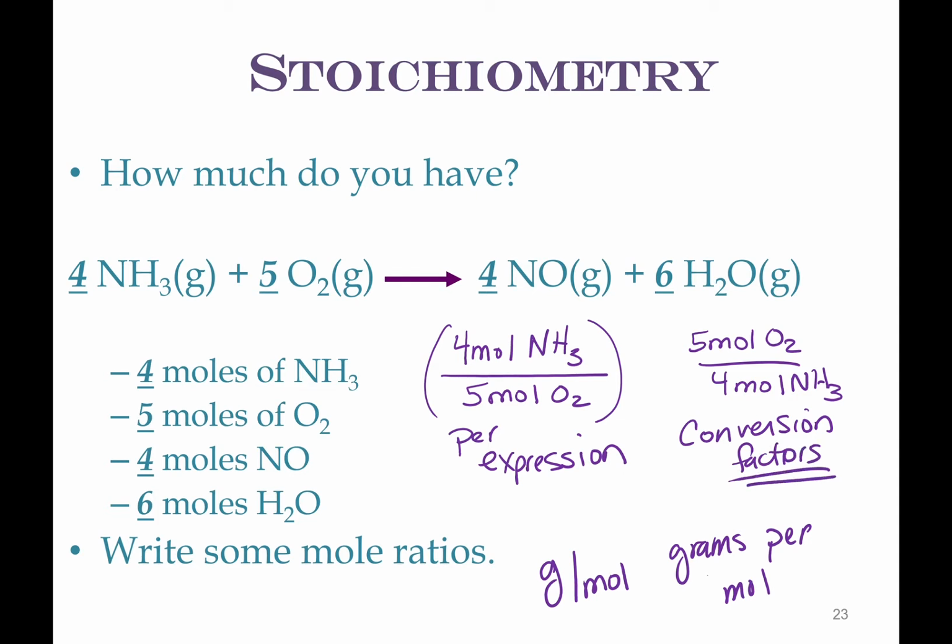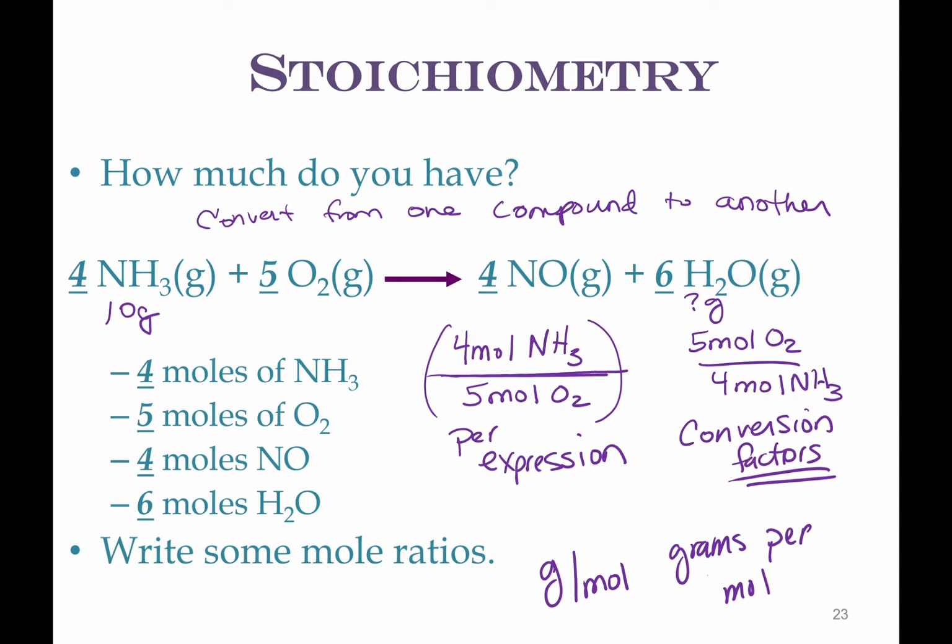It's going to allow us to convert from one compound to another. So that's how we can say, if I have 10 grams of ammonia, how much water can I produce? How many grams of water can I produce? This is how we're going to do that. We're going to use these ratios to tell us that exact answer.